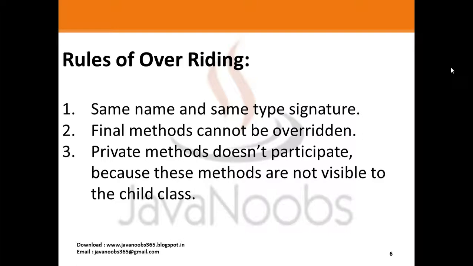Third rule, private methods don't participate because these methods are not visible to the child class. Obviously you cannot override private methods because they won't be visible to any child class or subclass, because private will be accessible only in the particular class where it is declared.